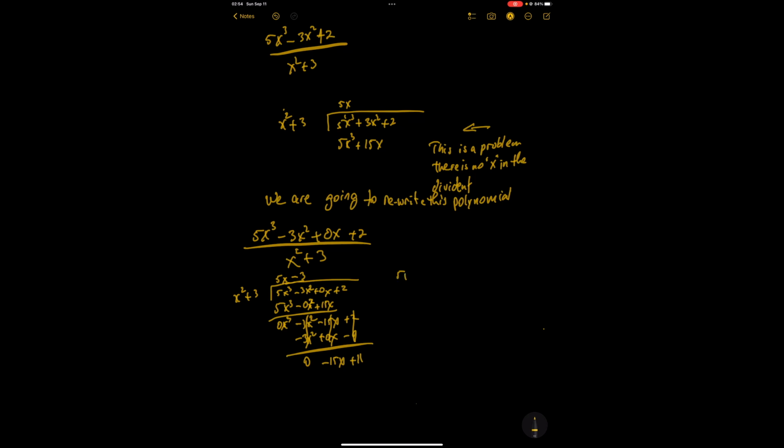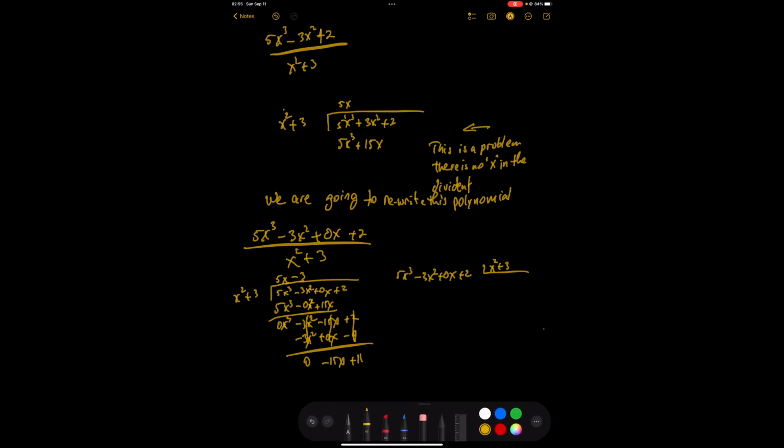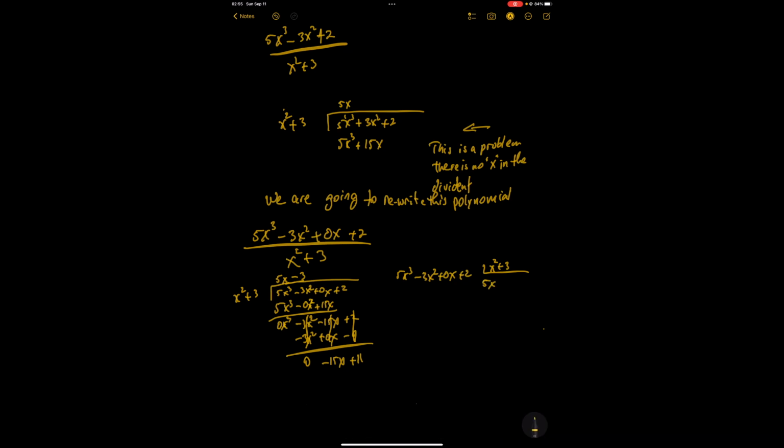So we're going to have 5x cubed minus 3x squared plus 0x plus 2 divided by x squared plus 3. So that will be equal to 5x cubed. And we have nothing for x squared. That will be equal to 0x squared. And 5x times 3 is equal to 15x.